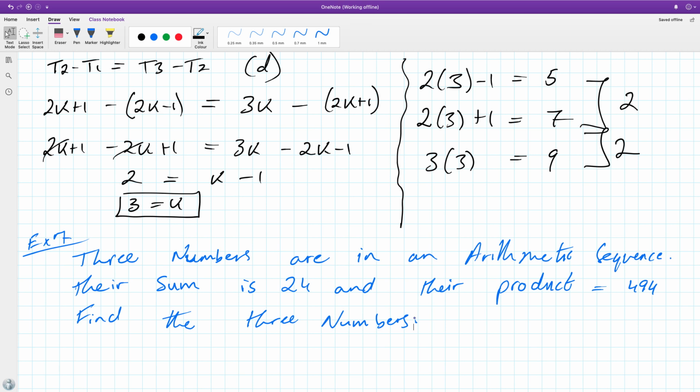So, first thing we do here anyway is write down T1 is A, T2 is A plus D, T3 is A plus 2D.